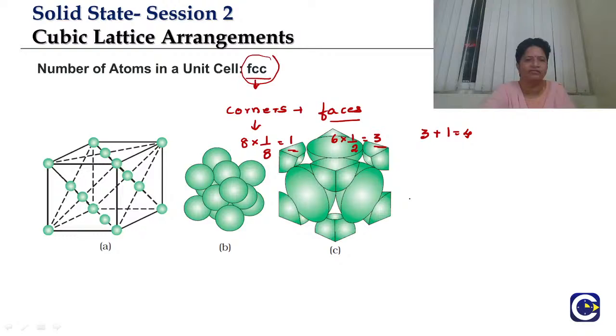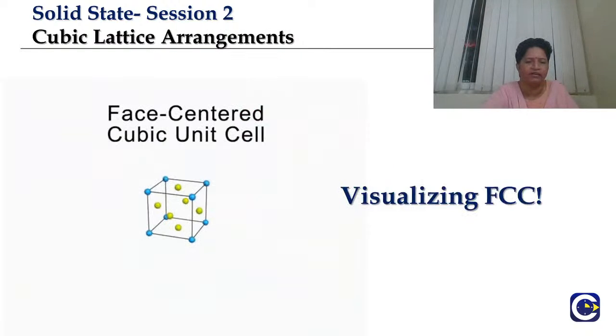Okay, let's take an FCC. What is FCC? Wherein you have at the corners and at the center of the faces. Let's see how we are getting it in the visualization.